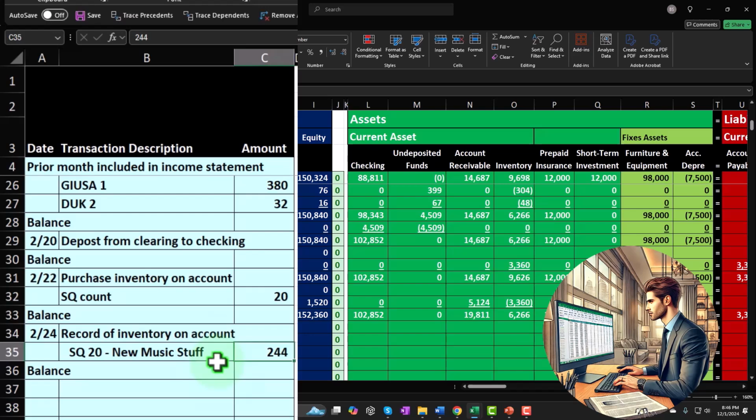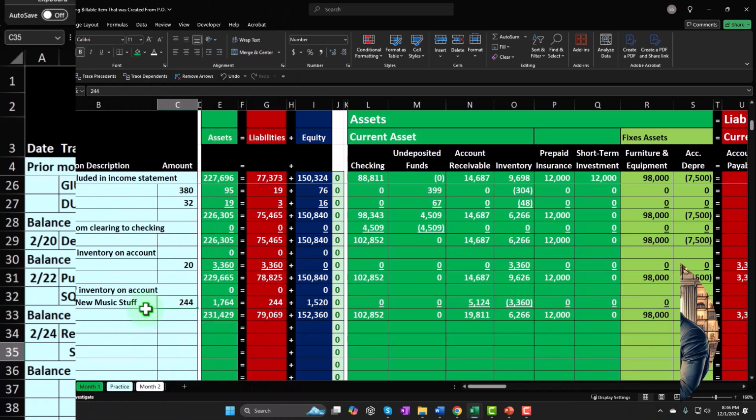Okay, so one other thing I just want to keep in mind as we go through this: we've talked about this idea of billable items before having a particular problem, which is elevated when we go to inventory.